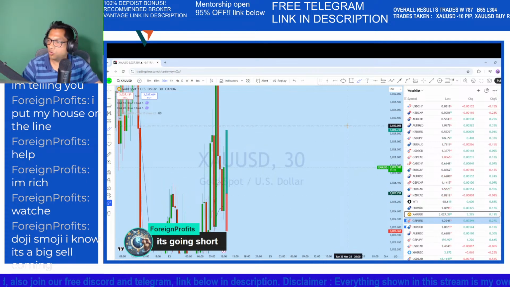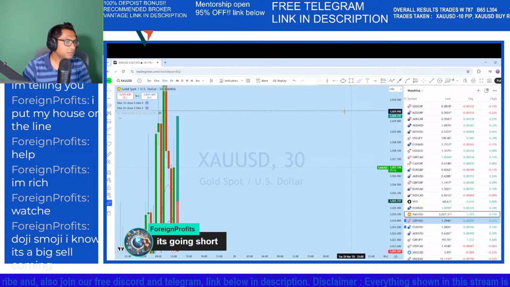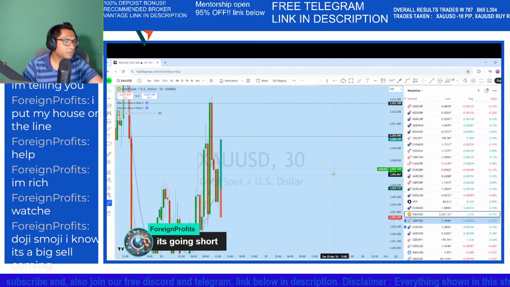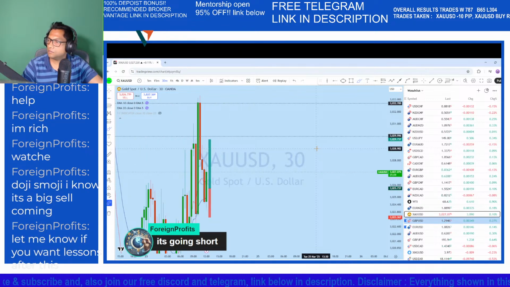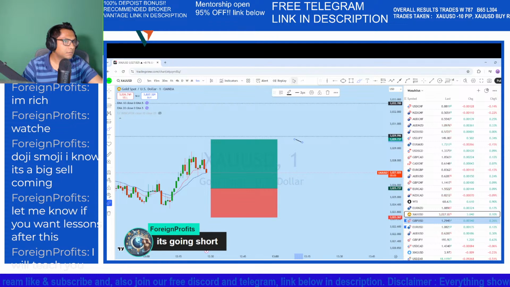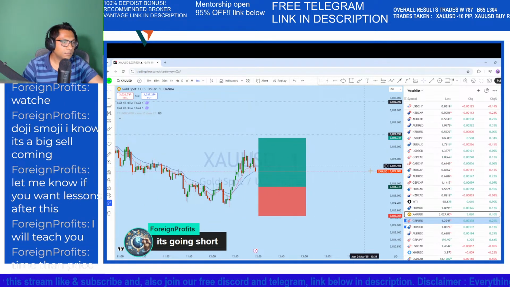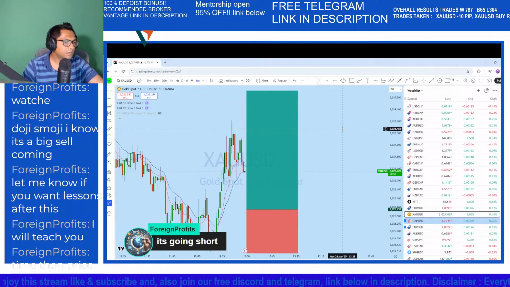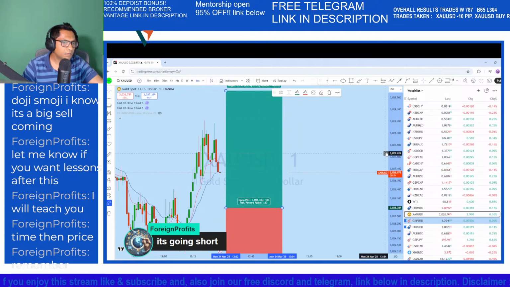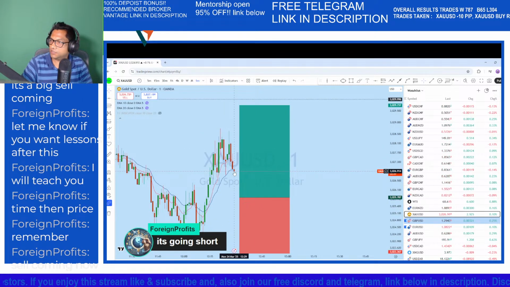It may grab more liquidity here. Now here the price tested the 20 EMA.